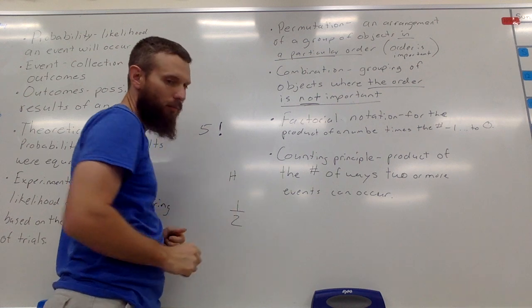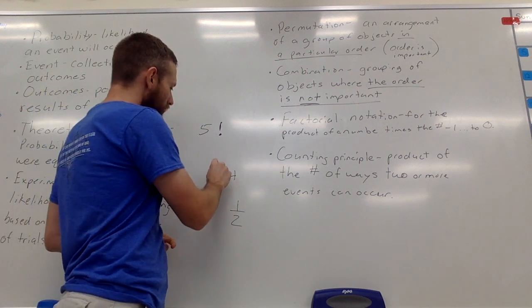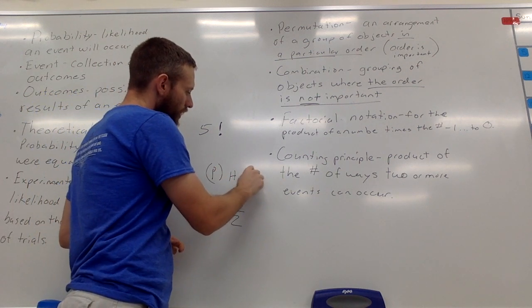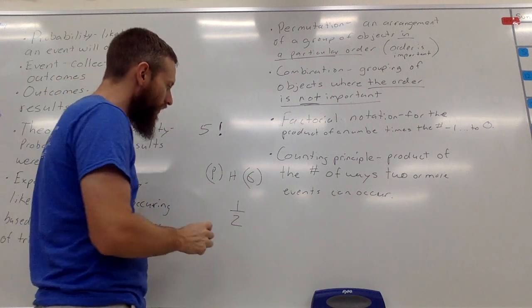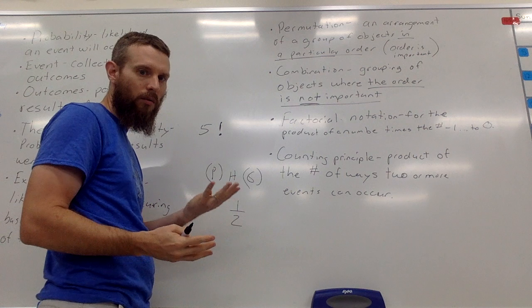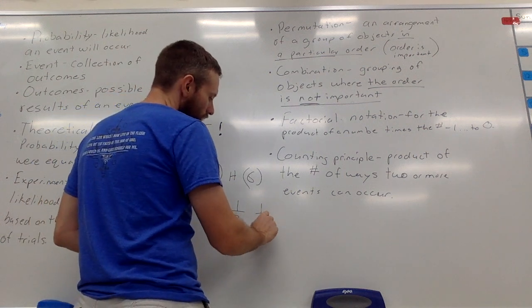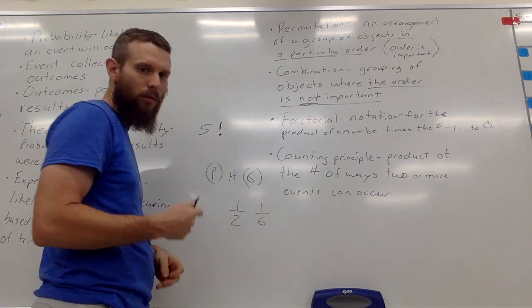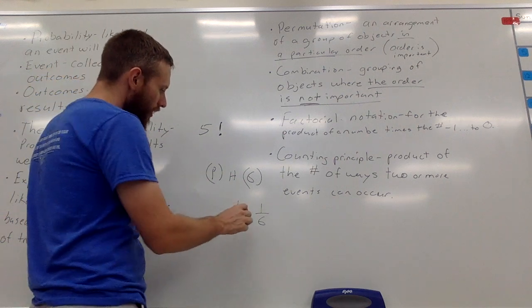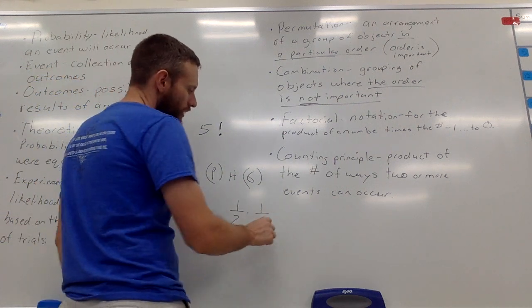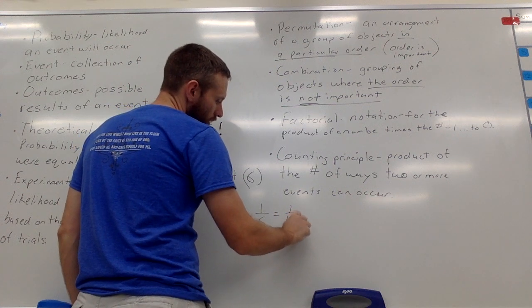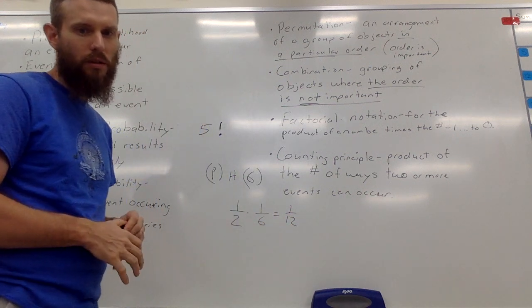I want to know the probability that I'll get heads and a 6. The probability of heads is 1/2. The probability that the die will land with a 6 side up is 1 out of 6, because it could be a 1 or 2 or 3 or 4 or 5. So the probability that I flip a coin and roll a 6 is a 1 in 12 chance. You just multiply those things together.